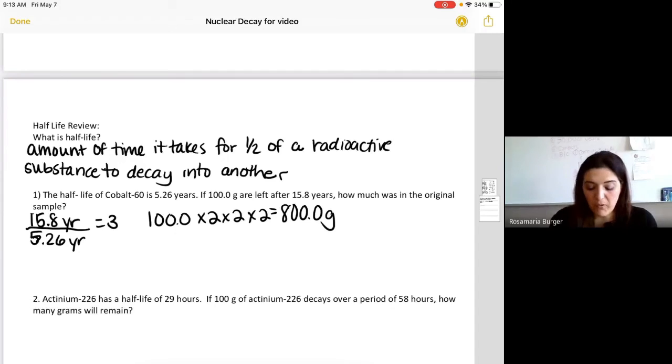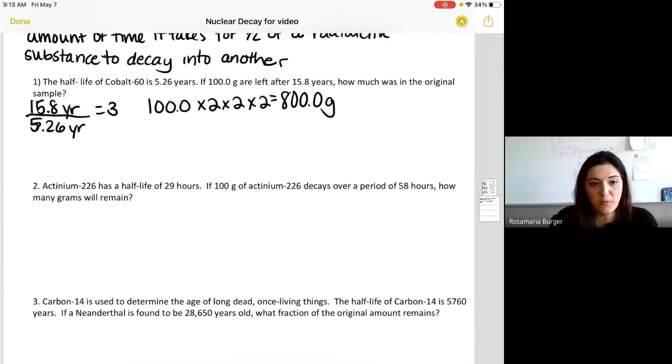Okay. For the next one, we've got actinium-226 has a half-life of 29 hours. If 100 grams of actinium decays over a period of 58 hours, how many grams will remain? So now we're looking for how much is going to be left. So it's different from the first one. In the second one, we need to find out how many half-lives have passed and then decrease it by that amount.